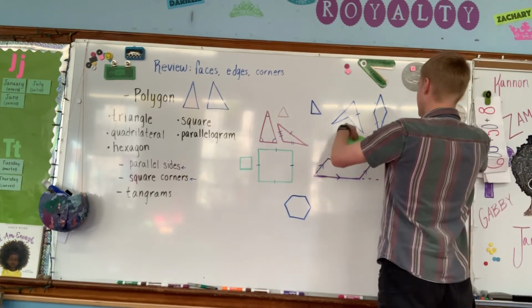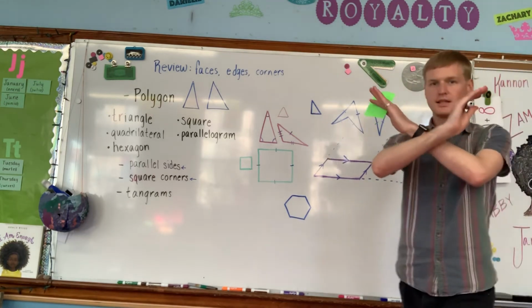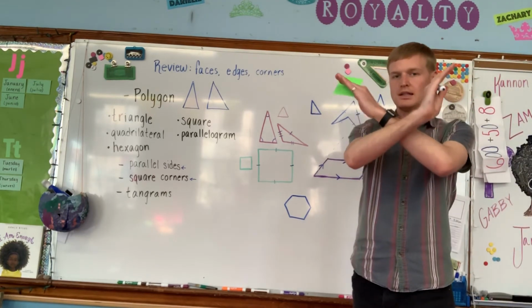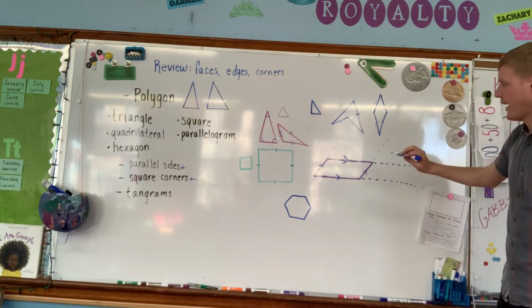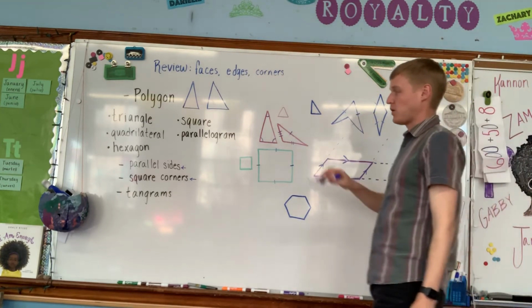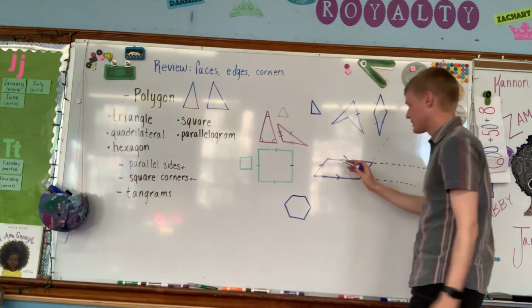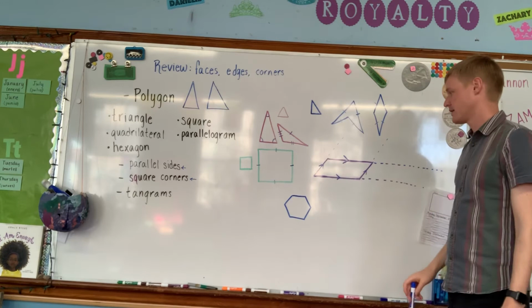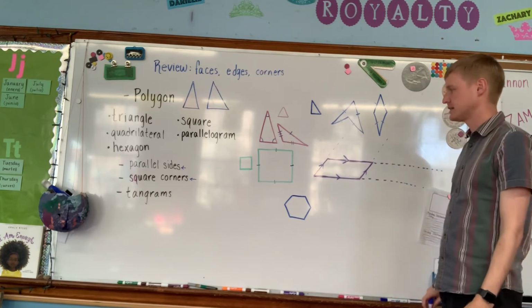Because I can make these go on forever and they're never going to cross. You will never see parallel lines cross like this. So a parallelogram is a quadrilateral. It's a polygon. It has 4 sides and 2 sets of parallel sides.